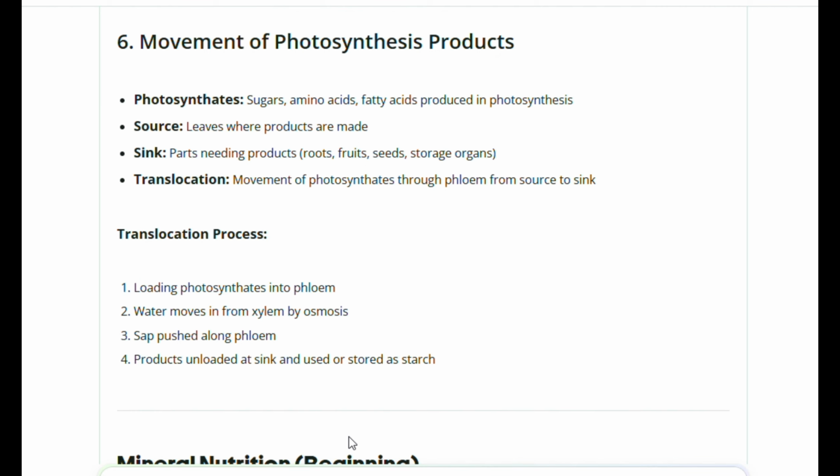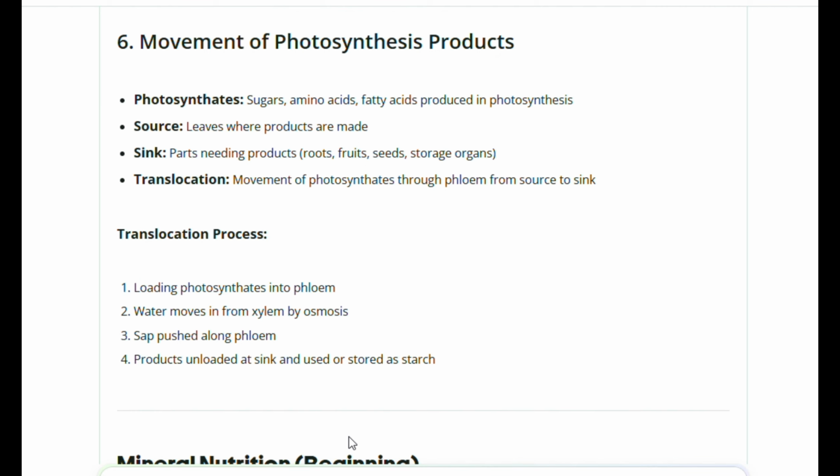The pressure gradient between the source and the sink drives the sap along the phloem tubes. The source is the cells that load photosynthates into the phloem. Water moves in from xylem ducts by osmosis. The sap pushes along the phloem, and this is called translocation.